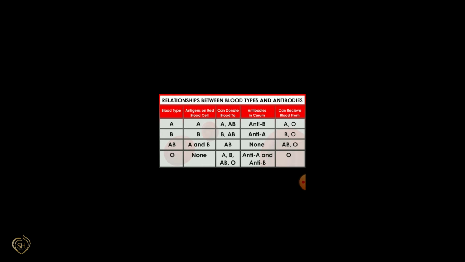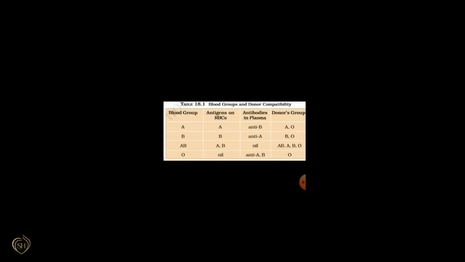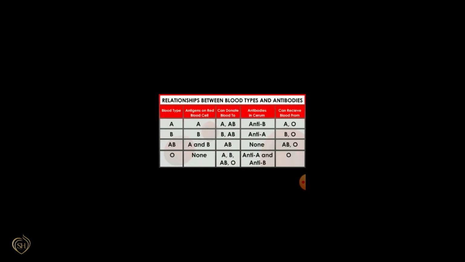And a person whose blood group is AB can receive blood from AB, O, A and B. Then what about O group? O group can receive blood only from O group.